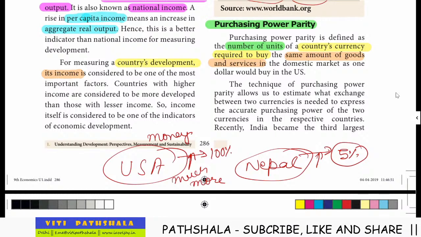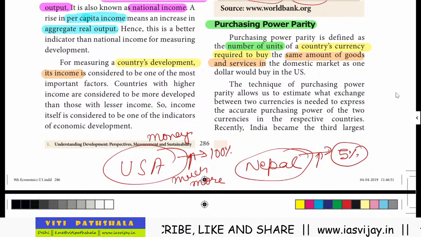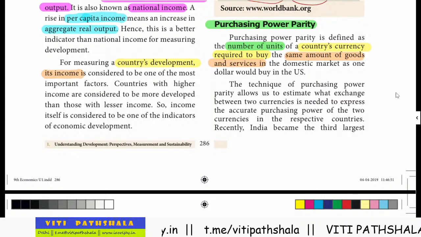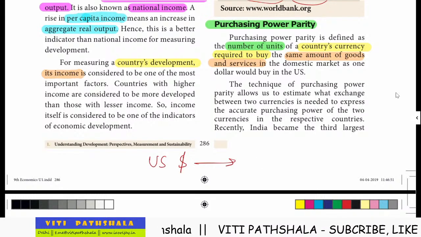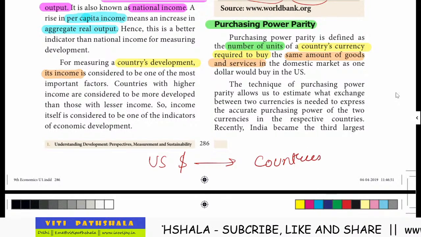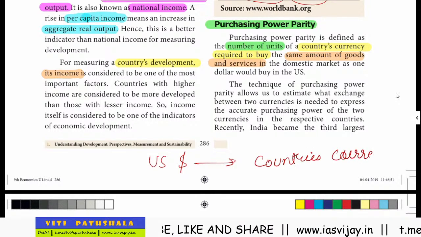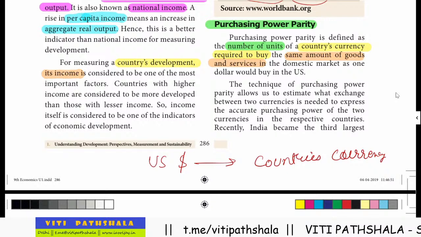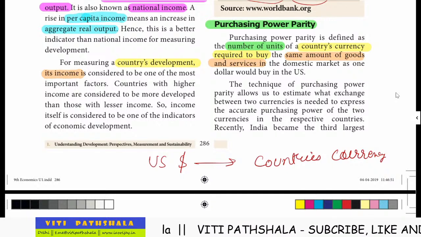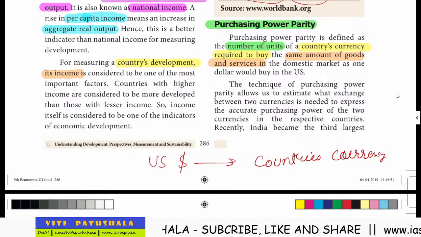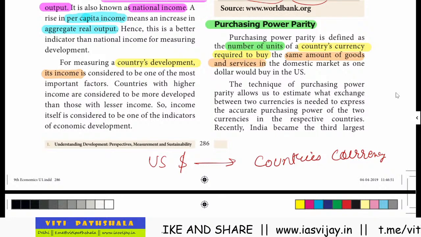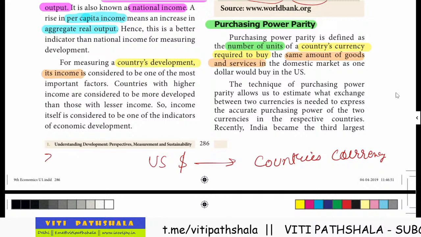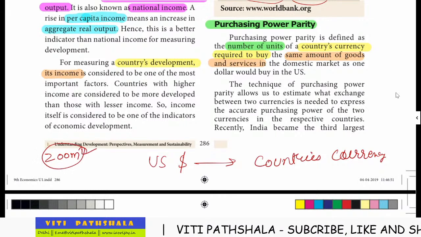So remember one thing here, the US dollar. We are comparing the US dollar with a country's currency. It means how much Indian currency you require to buy a product in India as compared to the dollar, meaning how many dollars you need. For example, you wanted to take the Zoom app subscription.